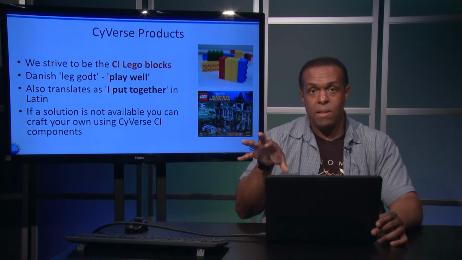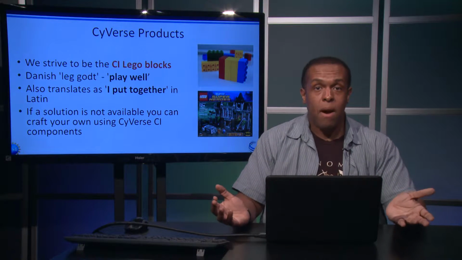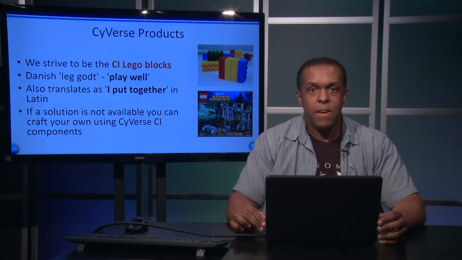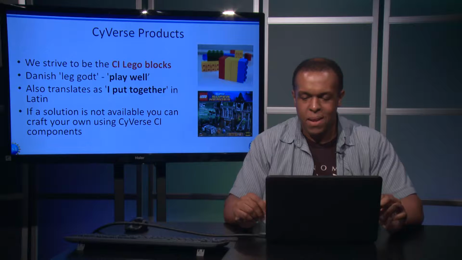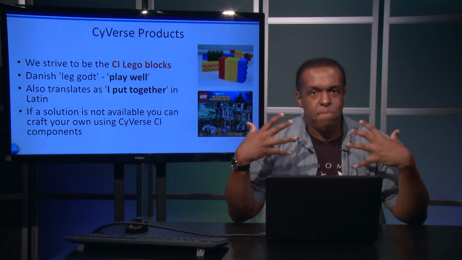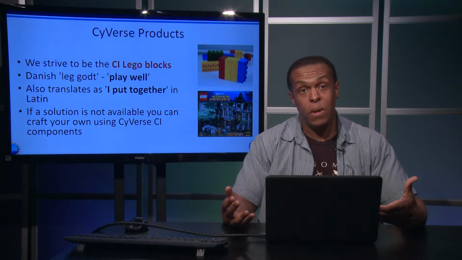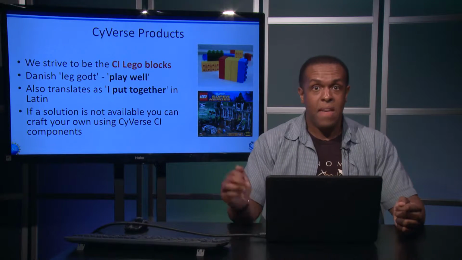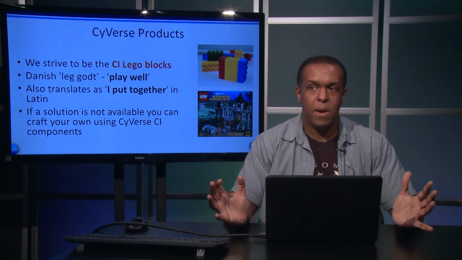Okay, so now let's start to drill down a little bit into the actual pieces of the infrastructure. What are the products and what do you get? Well, we kind of think of ourselves almost as Lego or building blocks, whatever one isn't completely trademark. We have built 85, maybe even 95% of the pieces of the solutions that you need in order to do your science. And then the last 5%, usually that's the part that you want to customize, you want to put together.